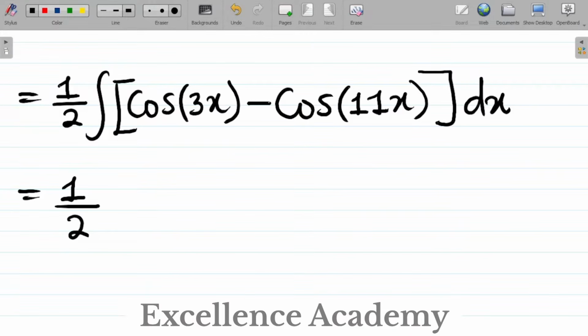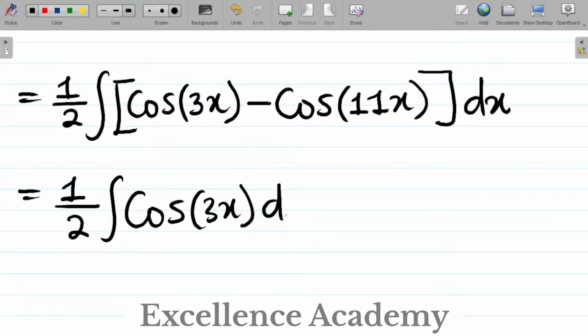Now, proceeding with my solving, this is equal to 1 over 2 multiplying the integral. Let's take the terms one after the other. I'll have half times the integral of the first term, cos 3x, dx.